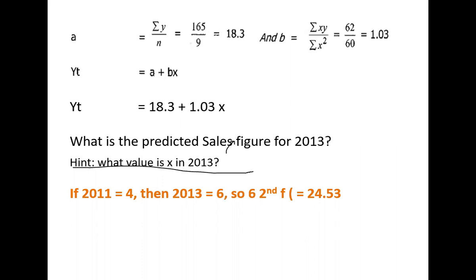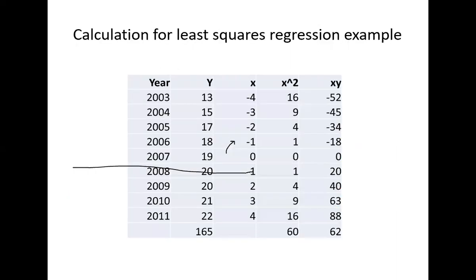But like I said, there are two methods of doing this. The first technique, which we've already looked at, assigns yearly values starting from 1 onwards. But in the second technique, we could have started from the middle, like I explained earlier.